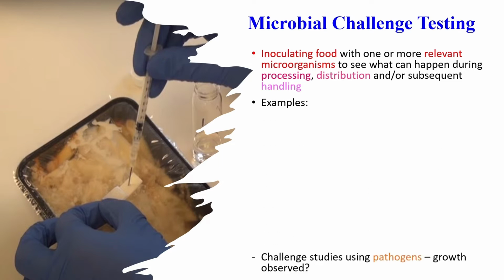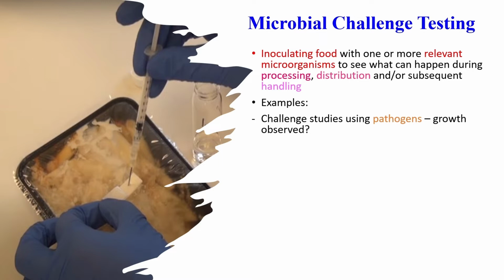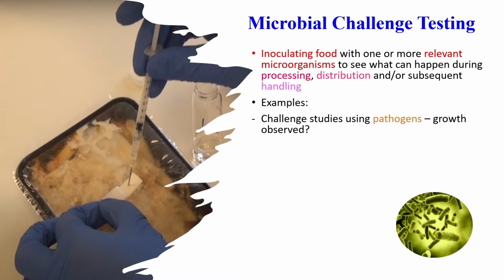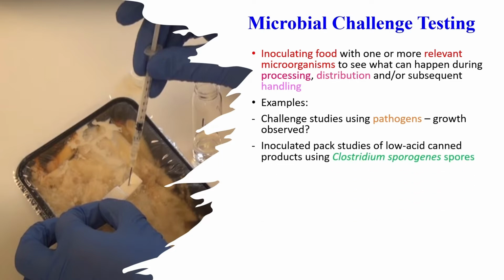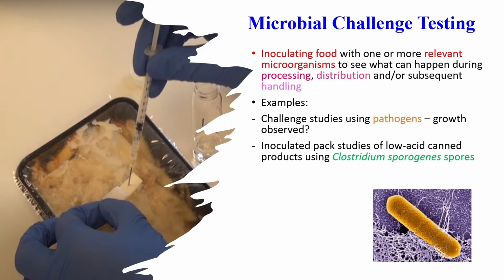For example, we're going to do challenge studies with pathogens. Then the growth of the pathogens is observed. Let's say we inoculate the PEG studies of a low acid canned product by using Clostridium sporogenes spores.